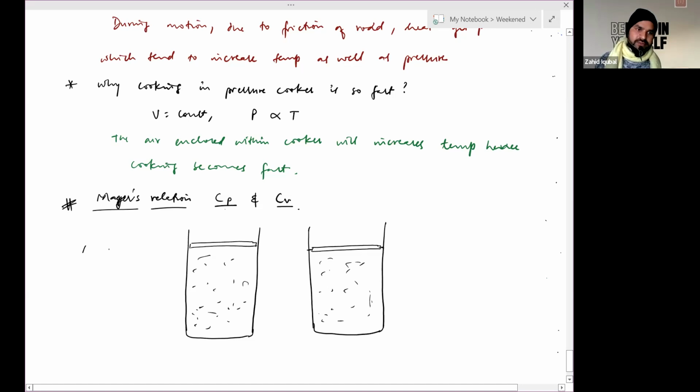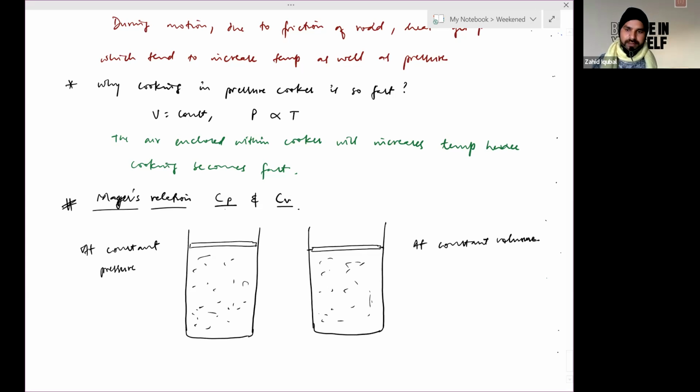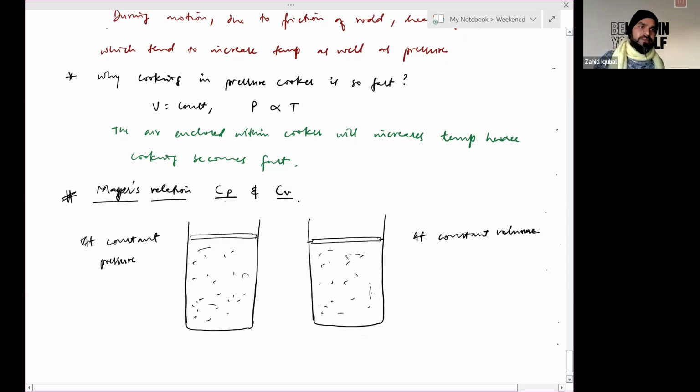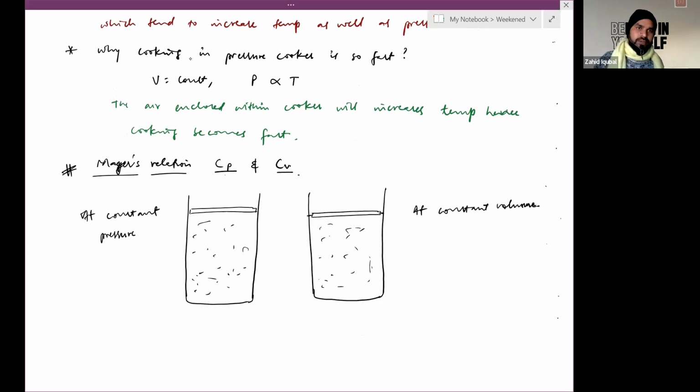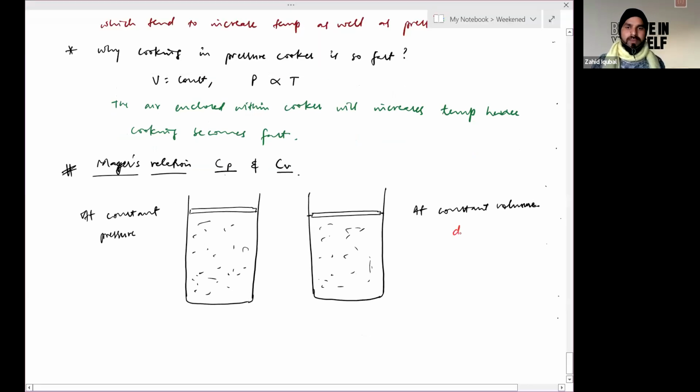So this is the case of constant pressure, and this is a case of constant volume. So first, at constant volume, change in volume is zero.